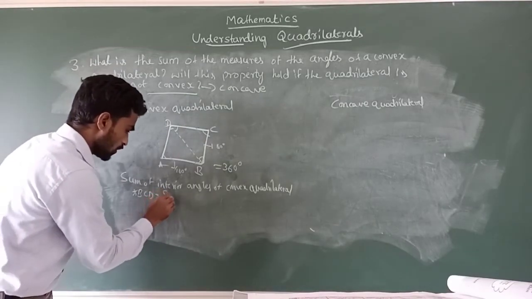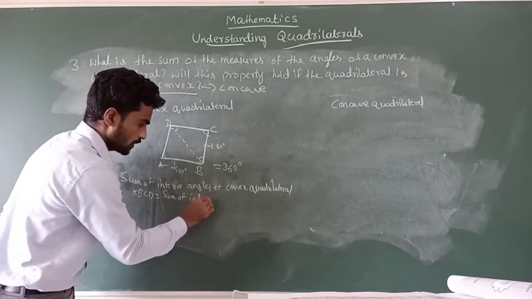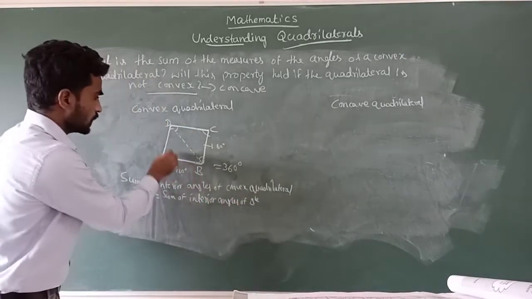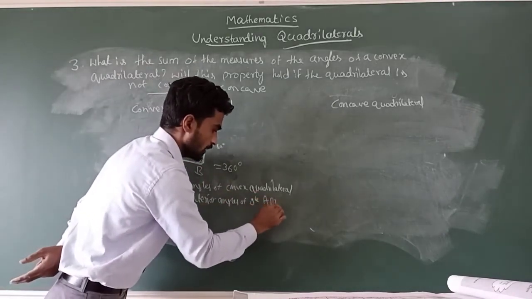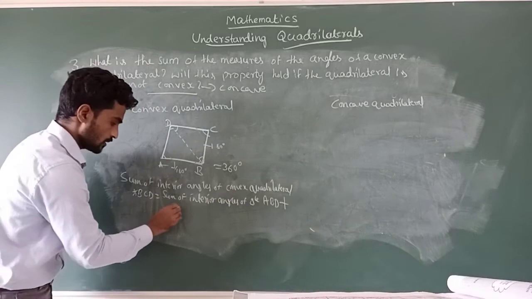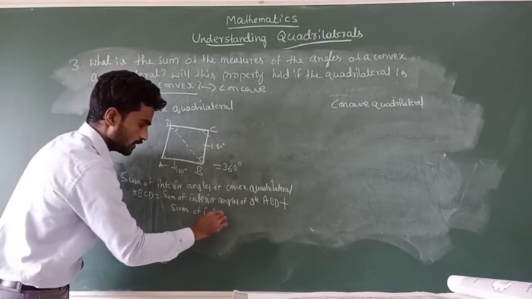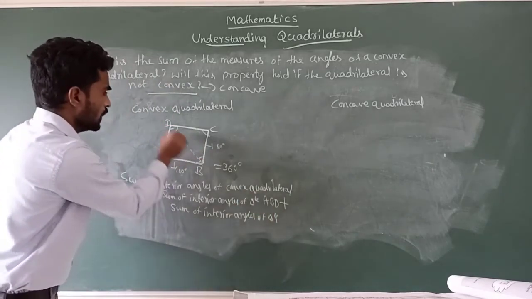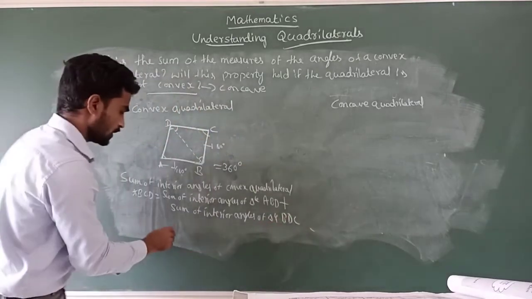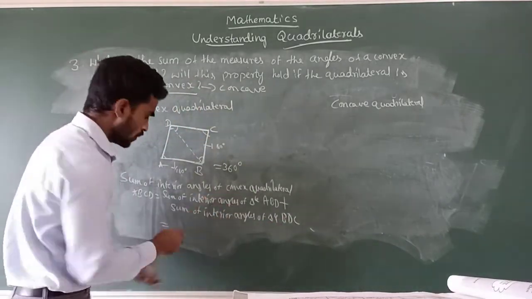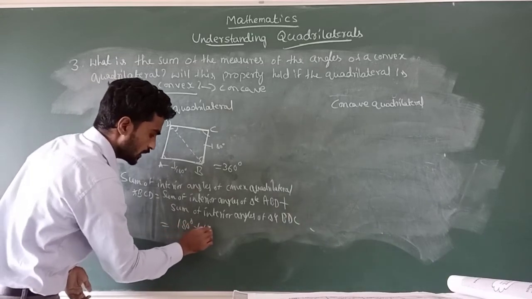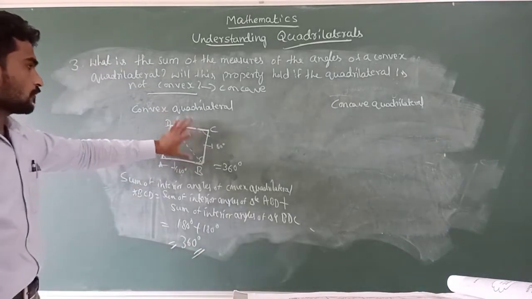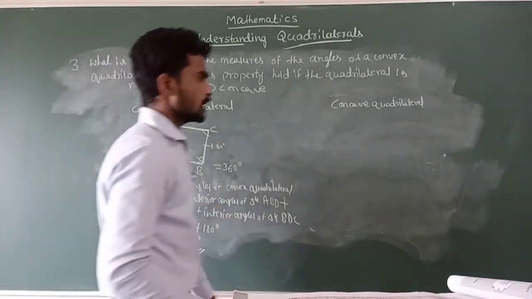One is the sum of interior angles of triangle ABD plus the sum of interior angles of the remaining triangle BDC. We already know that the sum of interior angles of a triangle is equal to 180 degrees. 180 degrees plus 180 degrees is equal to 360 degrees. The sum of interior angles of a convex quadrilateral is equal to 360.